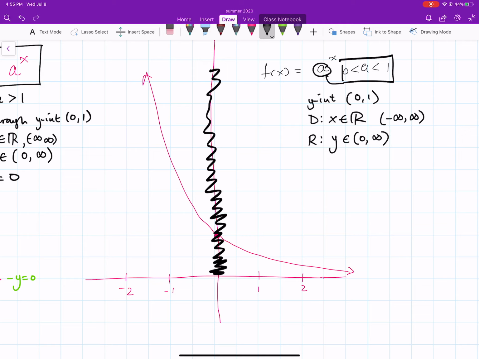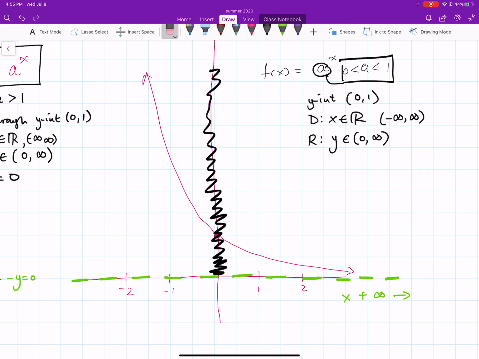And then you can also see that it has this line again, which is the horizontal asymptote, a line that the curve gets closer and closer to. In this case, as you go into positive infinity, what does the curve approach?